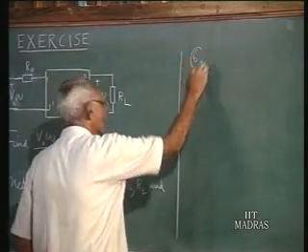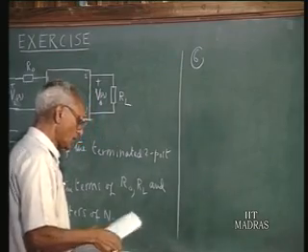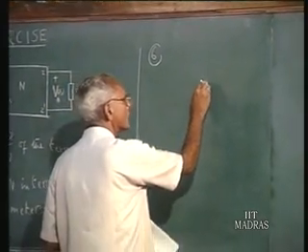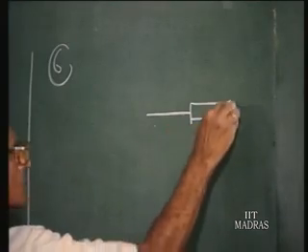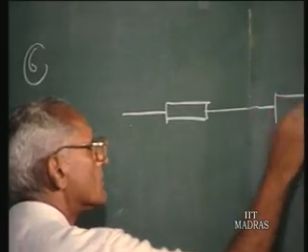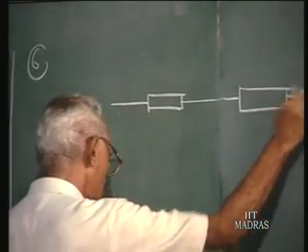6. Next problem is a slightly complicated network. You have, these boxes represent resistances.